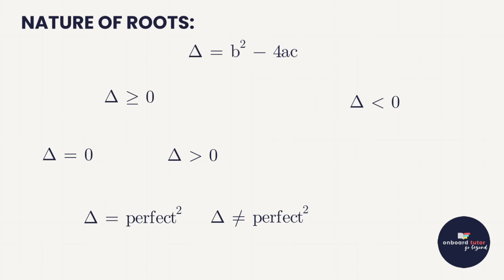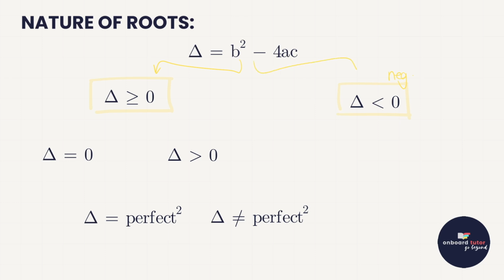So if we work out delta, in other words, we take any equation and we work out what is b squared minus 4ac, we've got certain options that could happen. So we could discover that delta is greater than or equal to 0, or delta could be smaller than 0. In other words, a negative number. Those are the first two options.